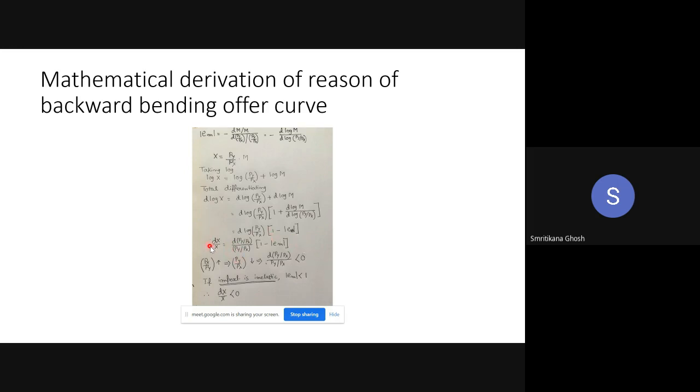That is, dx by x will be less than 0. That means export will fall, given the condition EM is less than 1. If EM is less than 1, that is import is inelastic, then only your export will fall. This is the mathematical derivation of the backward bending offer curve.